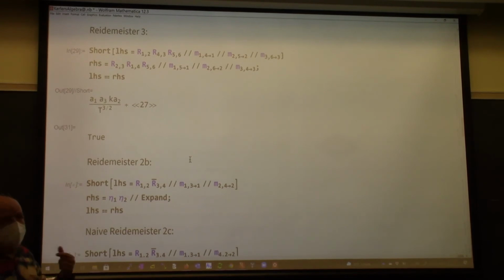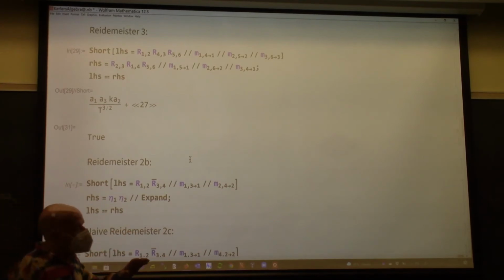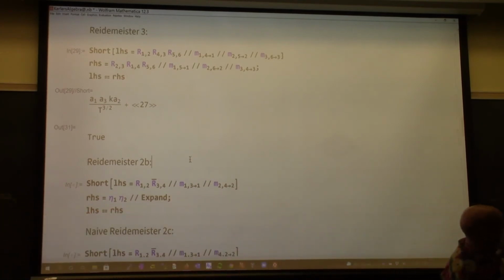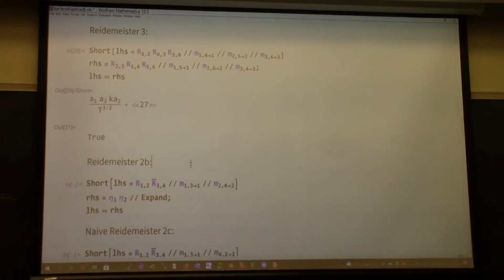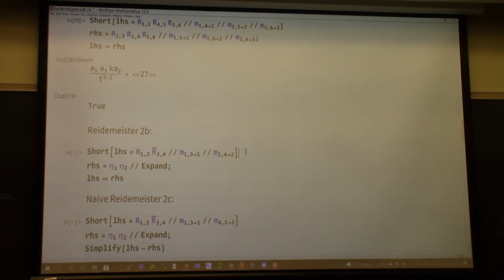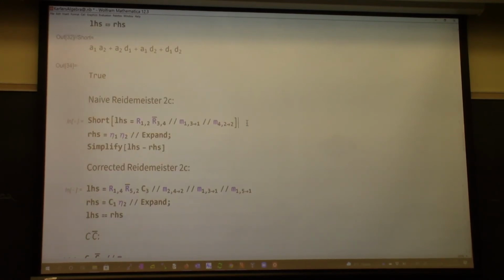Yeah, in principle you're right, but they all follow from the Reidemeister 2s. So these are the only relations you actually have to check because the others follow. Okay? So likewise, Reidemeister 2b is not interesting, and it comes out true.